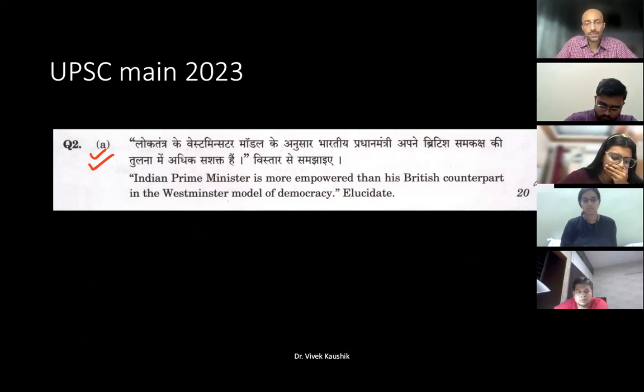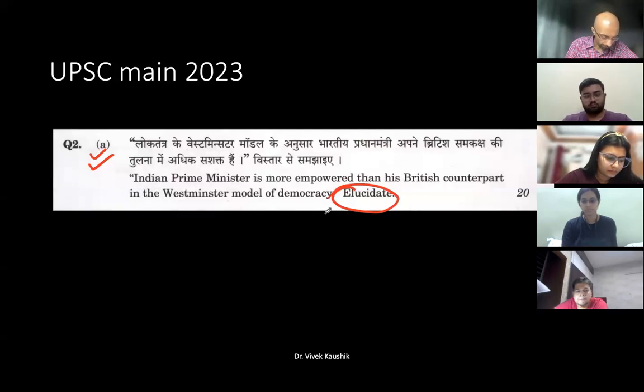Yes. How do we justify this? How do we explain this? It says elucidate. So we have to agree with the statement and make it simpler, give reasons, justify. Anybody, any idea? No?